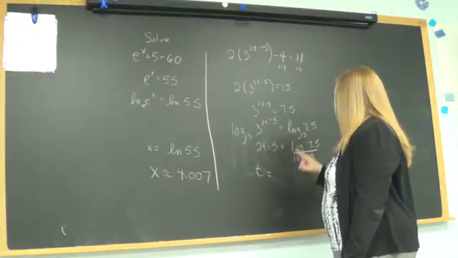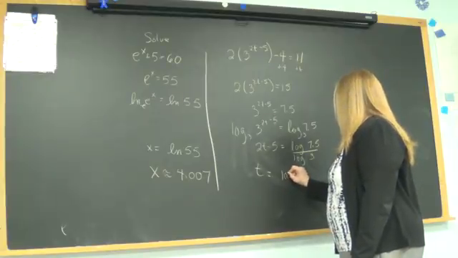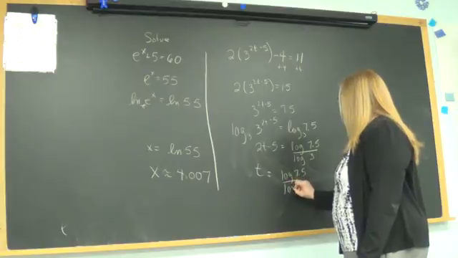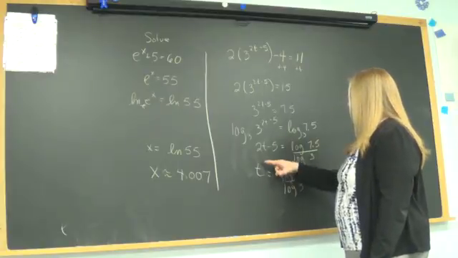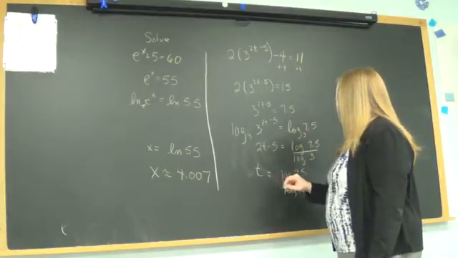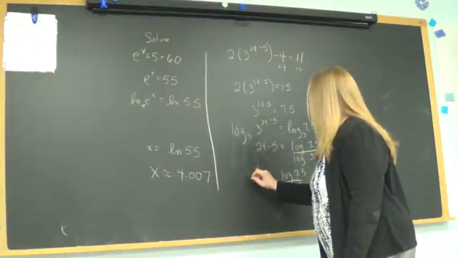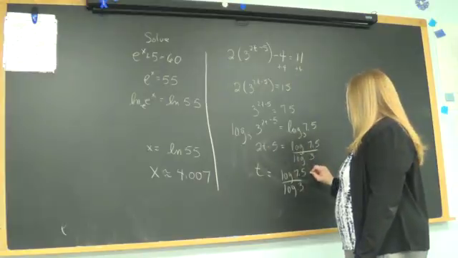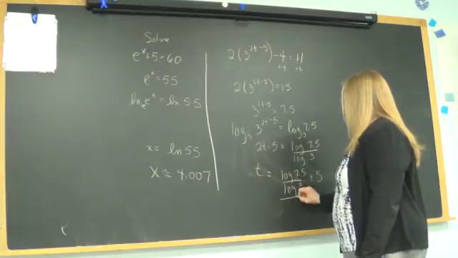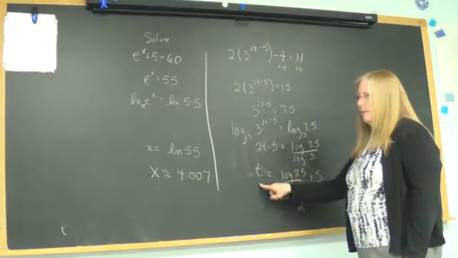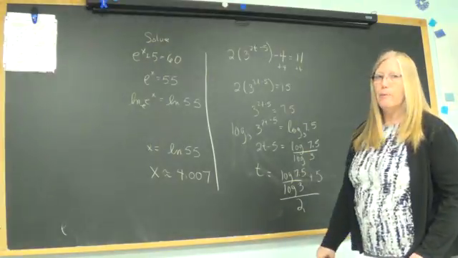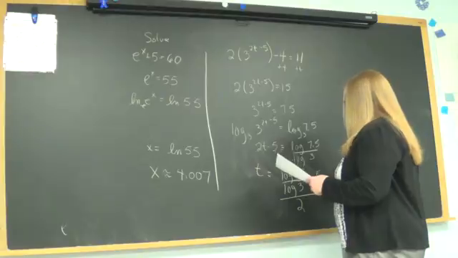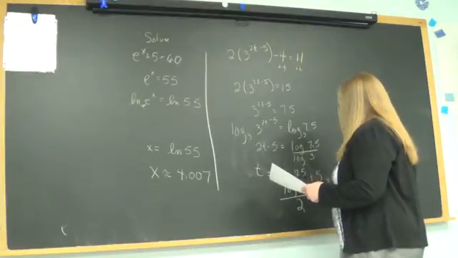Whatever that is, log or ln, you could have used either. This is still 2t minus 5, but I'm going to bring the 5 over and divide that whole thing by 2 to get t by itself. When I plug that whole mess in, I got 3.417.